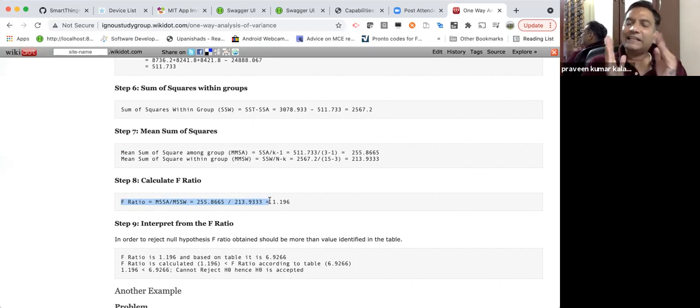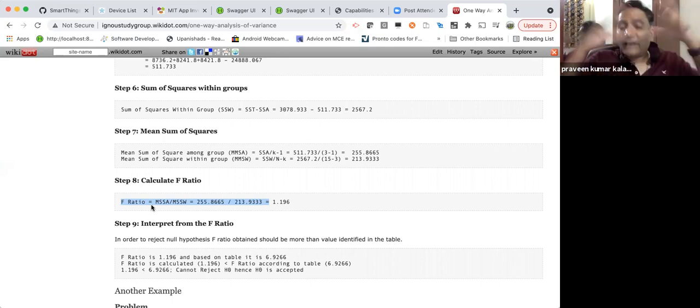So this is taking out the factor of whatever the variance that I'm getting within the groups, I'm discounting it. The moment I have more variance within groups, then my F ratio will become less. Then among groups need to be really large to make sure that I give a conclusion saying that, okay, yes, my variation is very high.